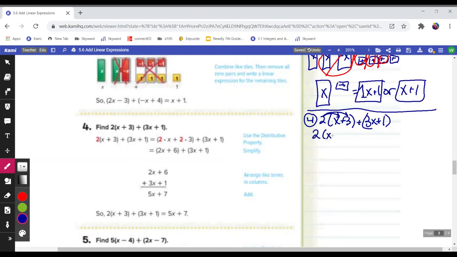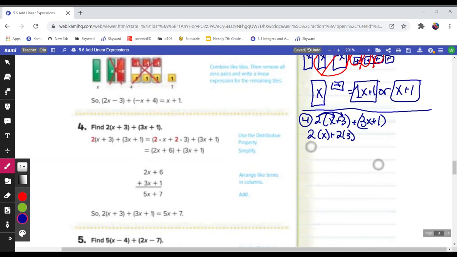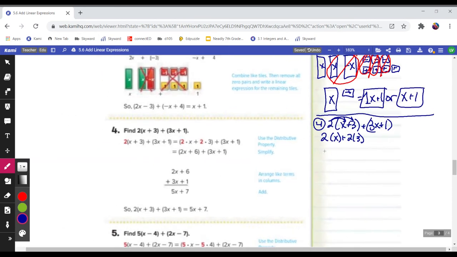So 2 times x plus 2 times 3. Well, I'm going to keep solving this vertically. 2 times x is 2x plus 2 times 3 is 6. I can't simplify that anymore, so then I'm going to bring down my quantity of 3x plus 1.